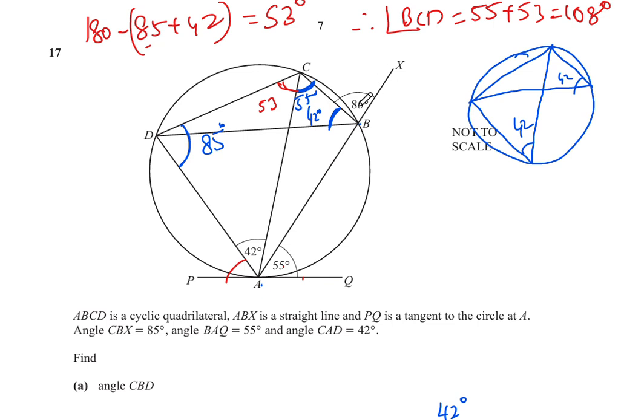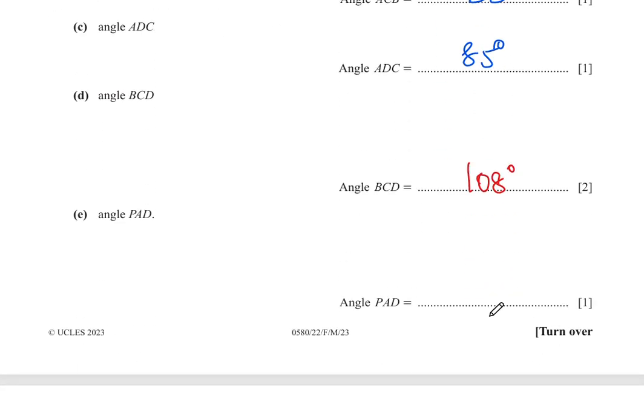If this is 53, then this will be 53 only. So this also will be 53. This angle is 53 means this is 53. So this is 55 means this is 55. This is 53 in this sense, this is 53. So directly also you can write it. So this is 53 degrees.